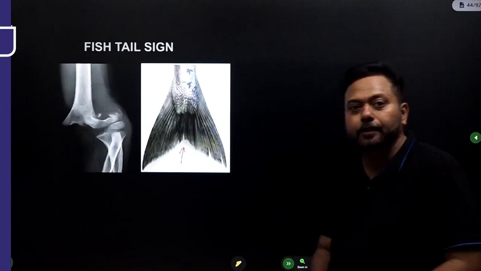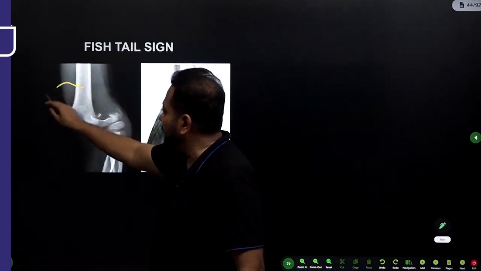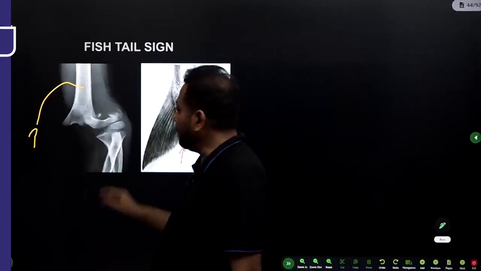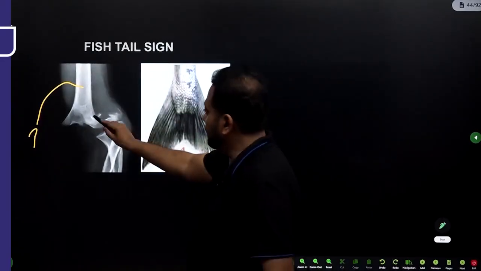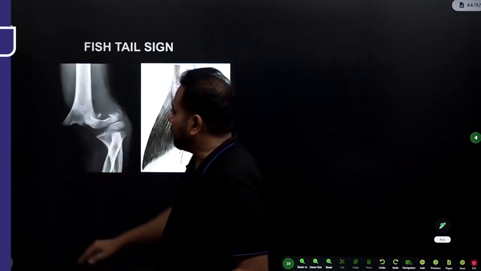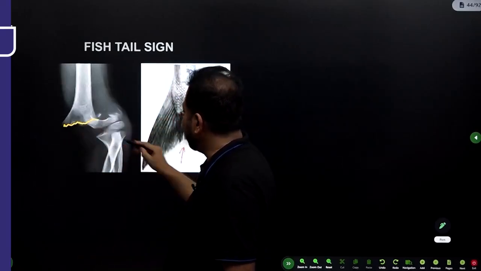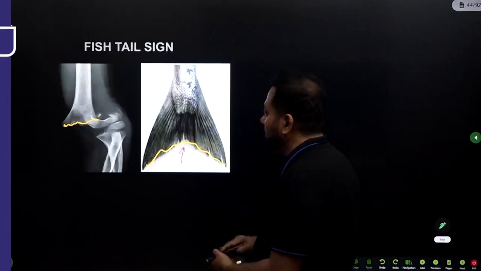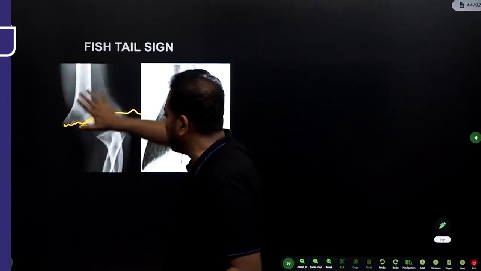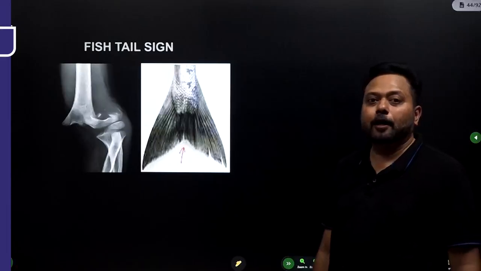Last but not the least, when you take an X-ray, this big thing is the proximal fragment, and the small chunk is the distal fragment. You see here, the distal end of the proximal fragment is serrated like a fishtail. So, this is called the classical fishtail sign in case of supracondylar fracture.